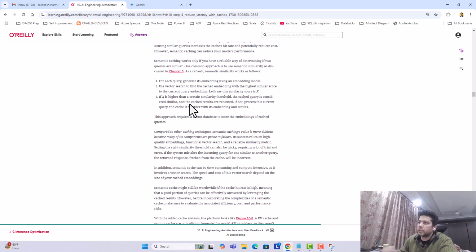So we understand in this semantic caching that for every query and answer, there is an embedding and there is a score associated with that embedding.